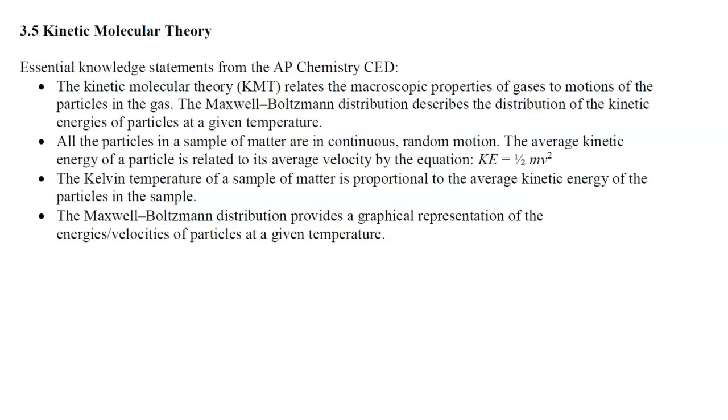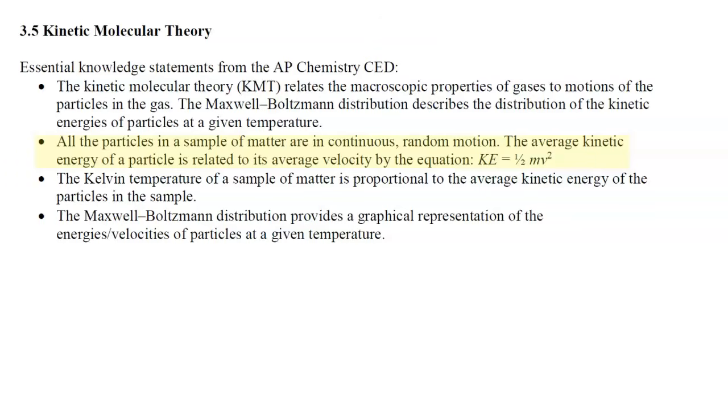Here are the essential knowledge statements from the AP Chemistry course and exam description about the KMT. The kinetic molecular theory, or KMT, relates the macroscopic properties of gases to the motions of the particles in the gas. The Maxwell-Boltzmann distribution describes the distribution of the kinetic energies of particles at a given temperature. All the particles in a sample of matter are in continuous random motion.